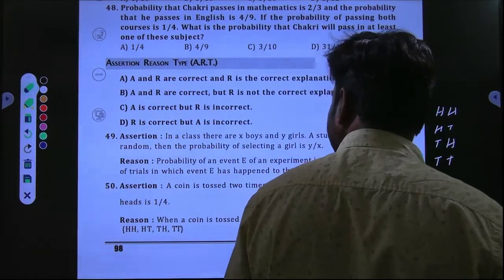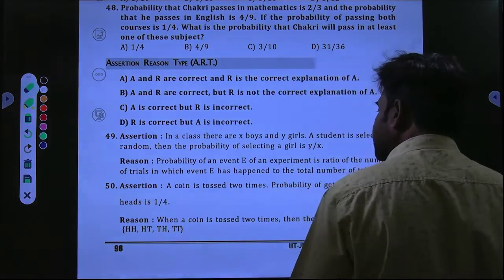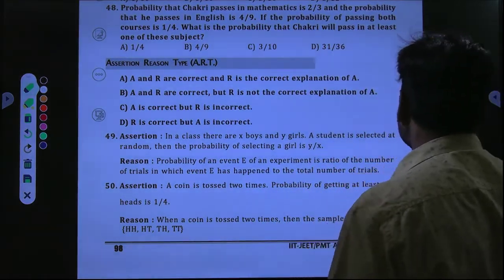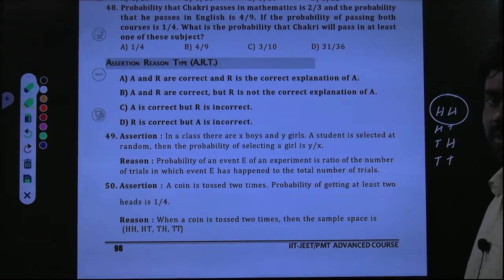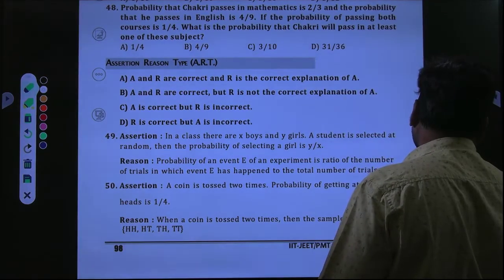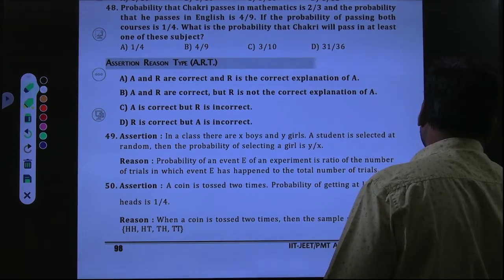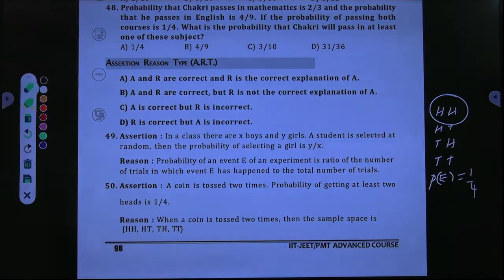So these 4 are the possible outcomes. Then what is the assertion? A coin is tossed 2 times, then probability of getting at least 2 heads. At least 2 heads means there is only one possible case out of 4 cases. So probability P of E is equal to 1 by 4. That means assertion is correct. Now reason.